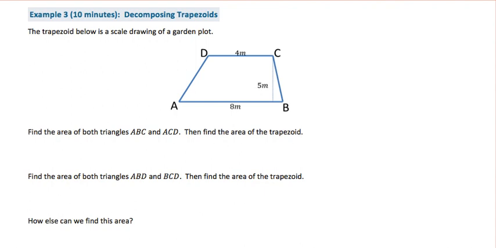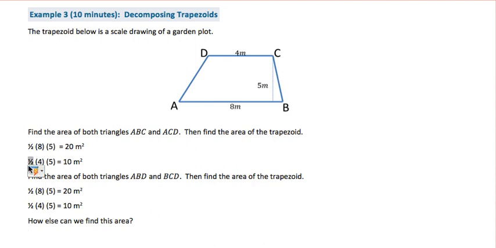Likewise, with a trapezoid, we can cut it into triangles as well. So in asking us how else we can find this area, there is a formula for trapezoids. I'm going to introduce it to you now, simply because we talked about each of those triangles. So the formula involves using the distributive property.